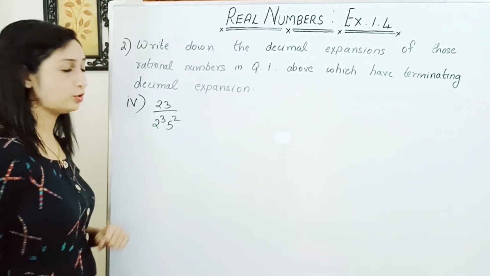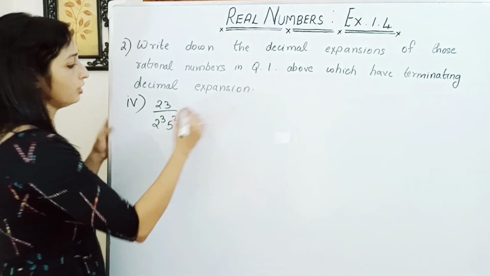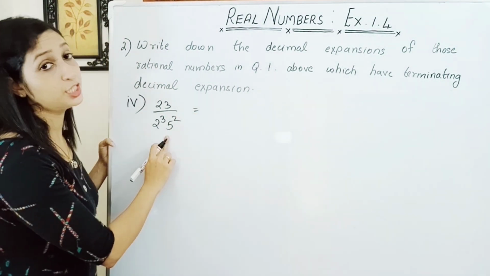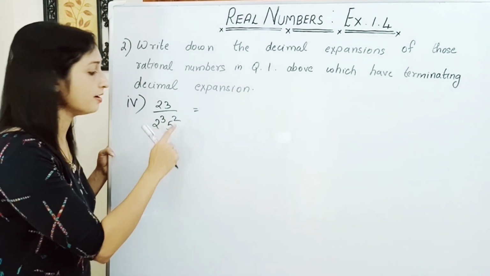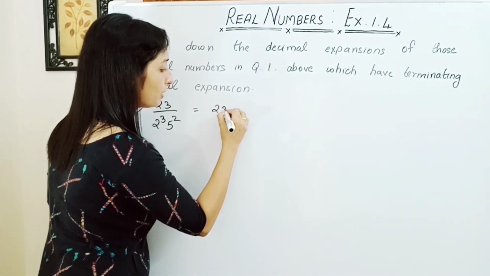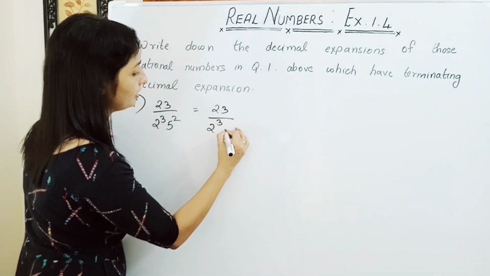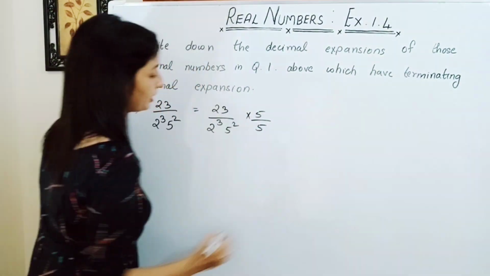So this is our fourth question, which is 23 by 2 cube into 5 square. So how can we make the denominator into some power of 10? Already 2 cube is there, but the power of 5 is 2. So what should you do? You should multiply and divide by 5.